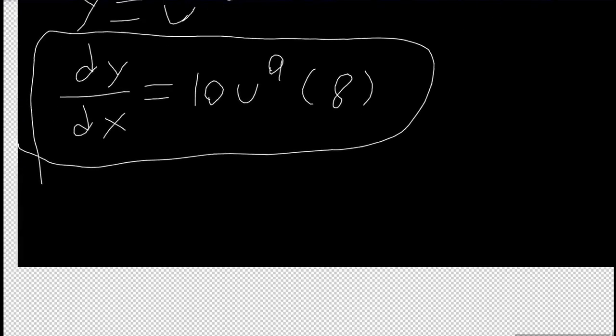Okay. So you can also write the chain rule another equivalent way, which you should be familiar with.